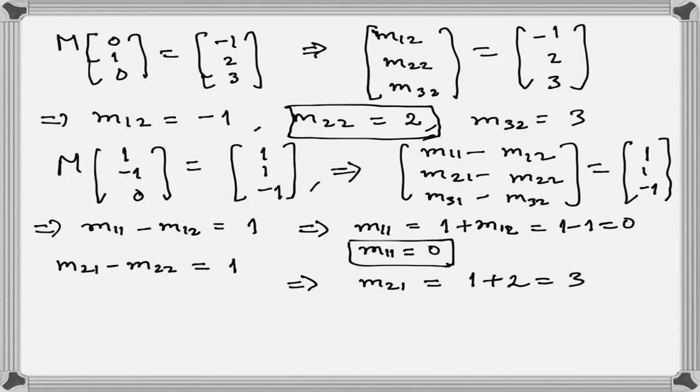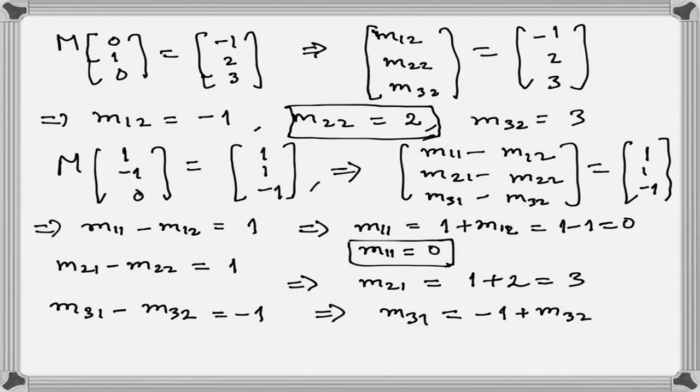And the last one is M31 minus M32 is equal to minus 1. This implies M31 is equal to minus 1 plus M32. M32 is 3, so 3 minus 1 is 2. Okay, so these are the values we have. Now let's go back to the last equation, because we still need to calculate M33.